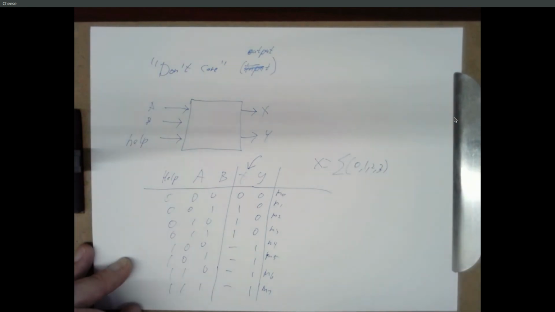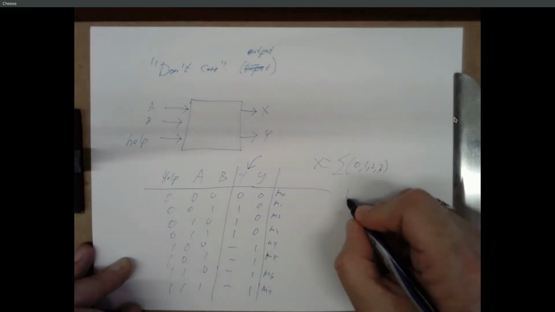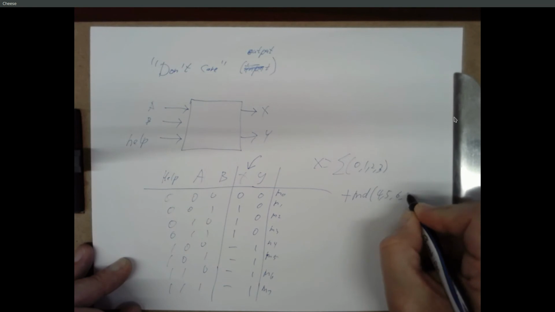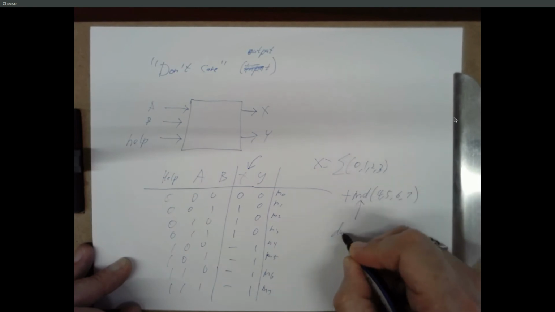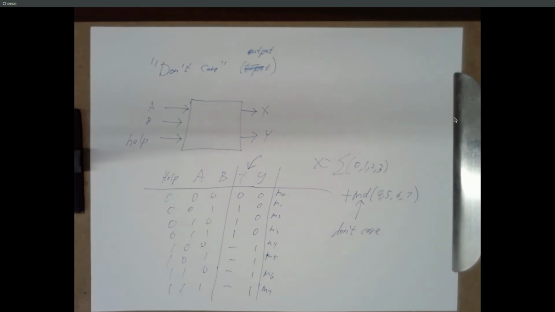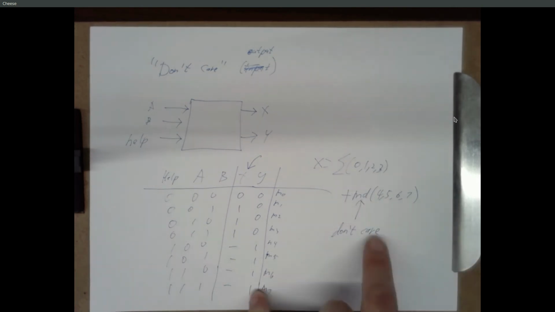We have this other notation we can use. We can say plus MD 4, 5, 6, 7. This means don't care. I mention that because you'll see that in the textbook. If you add MD of something, it means we don't care what the outputs are for those. And we'll come back to why that's important when we get to K-maps.